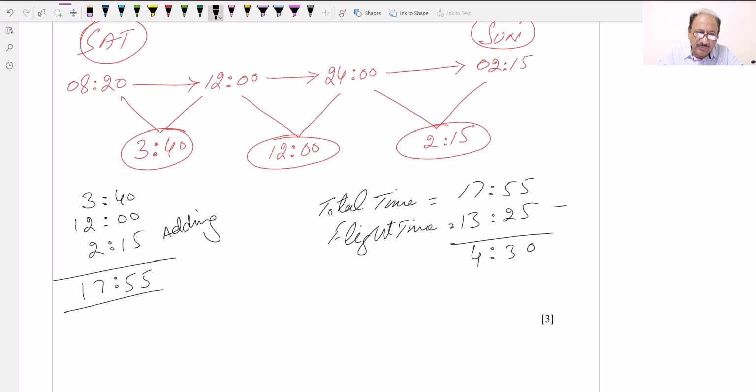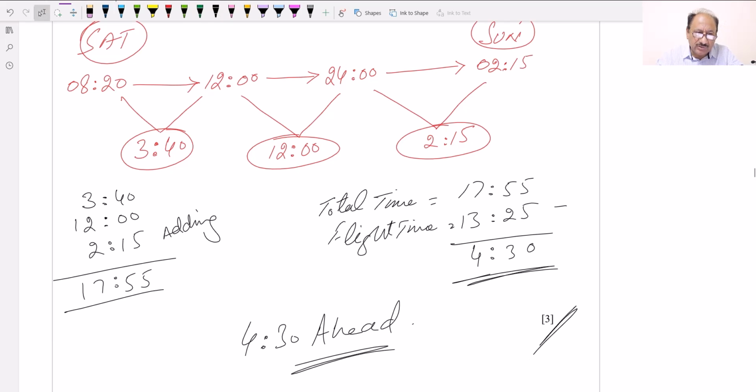So 4 hours 30 minutes. So Colombo will be 4 hours and 30 minutes ahead, because we are having additional time. So this was a 3-mark question, which is done.